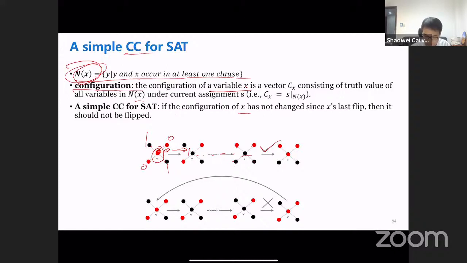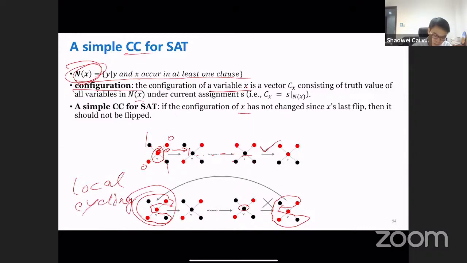Conversely, when we try to flip this variable and we find that its configuration is just the same as the last time it was flipped, then if we flip it back, the local structure will be cycling. So this is forbidden.